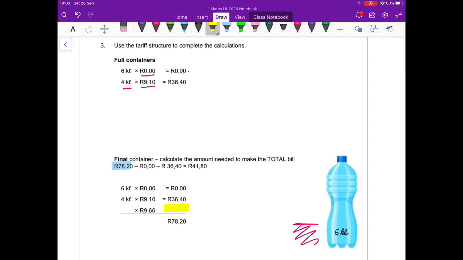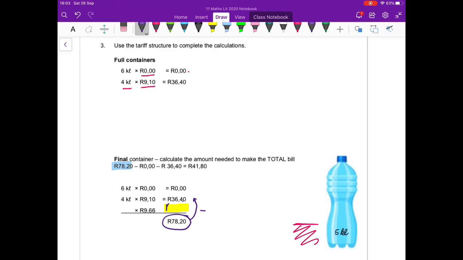So previously, when we did the cost, we had to add, going this way. Now we are doing the reverse. We are going to take 78 Rand 20 and we are going to go this way. The inverse operation is minus. So I'm going to minus 36.40 and obviously minus nothing, so that doesn't make a difference.